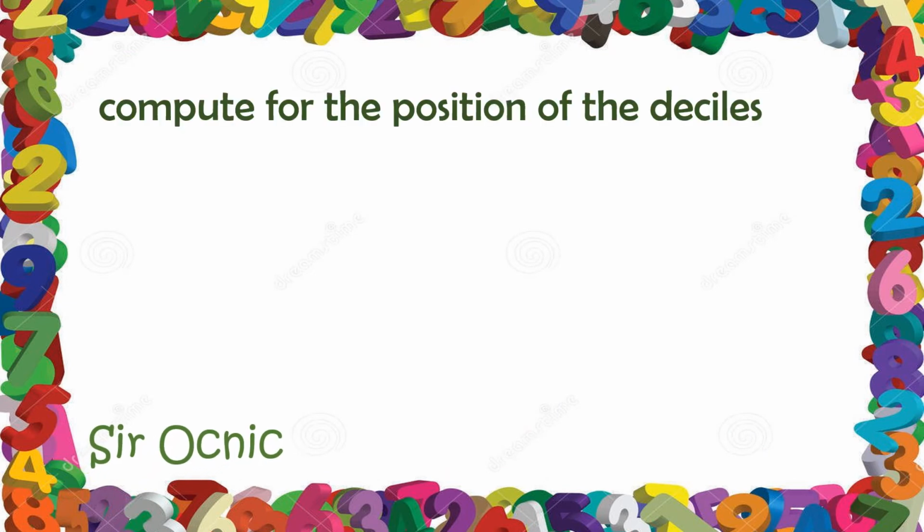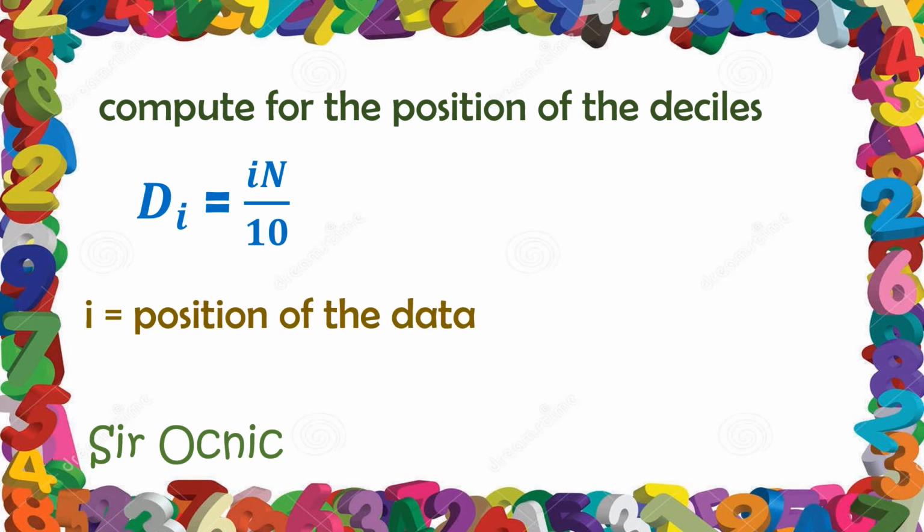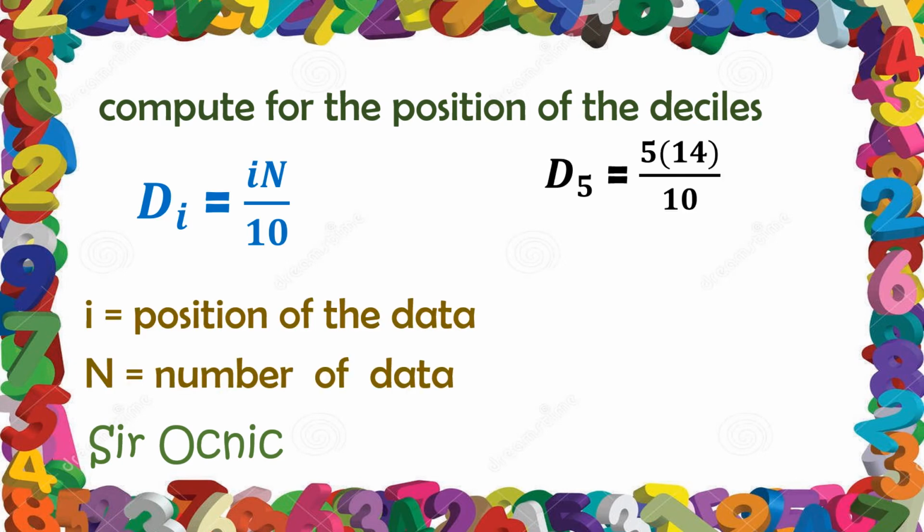Let us now solve for the fifth decile. Using the formula for deciles, that will be 5 times 14, since there are 14 total observations, all over 10, which is equal to 70 all over 10, or simply 7.